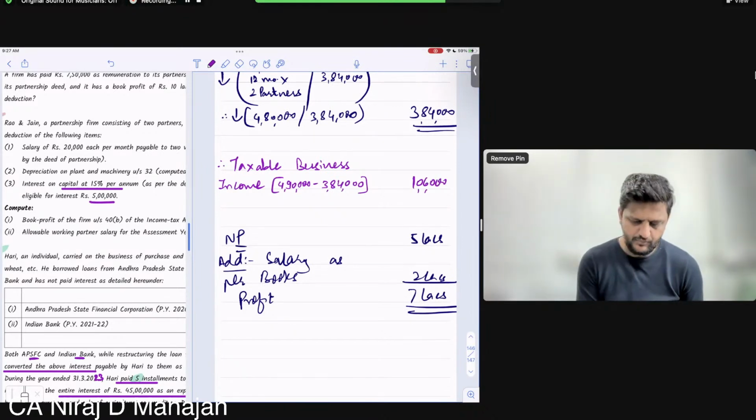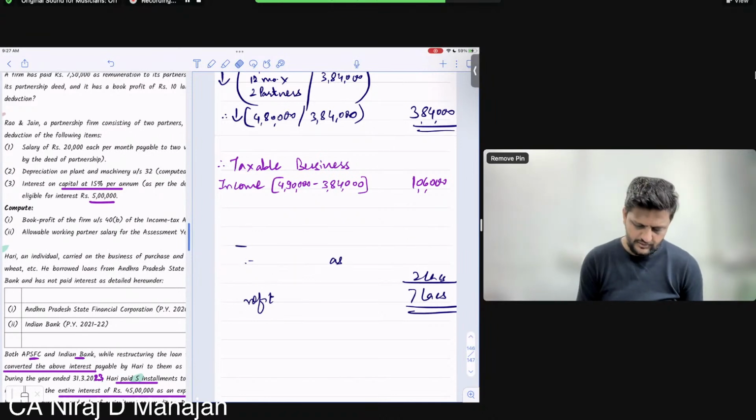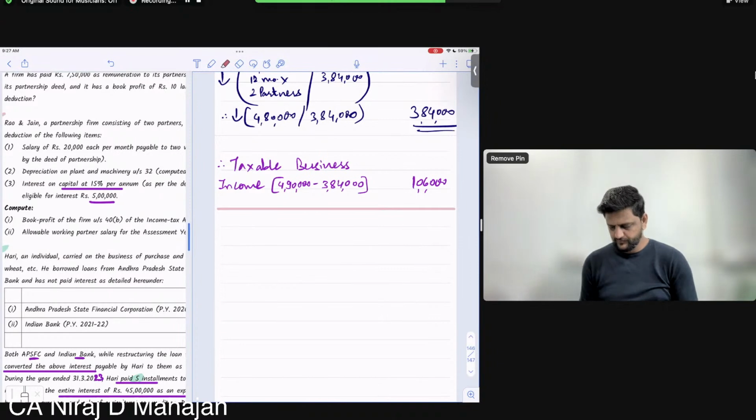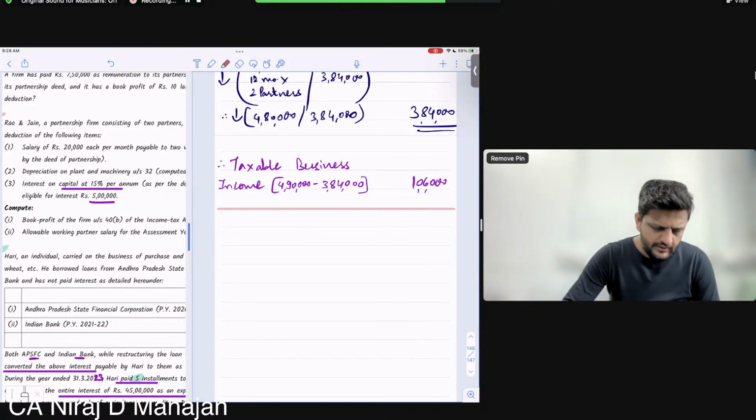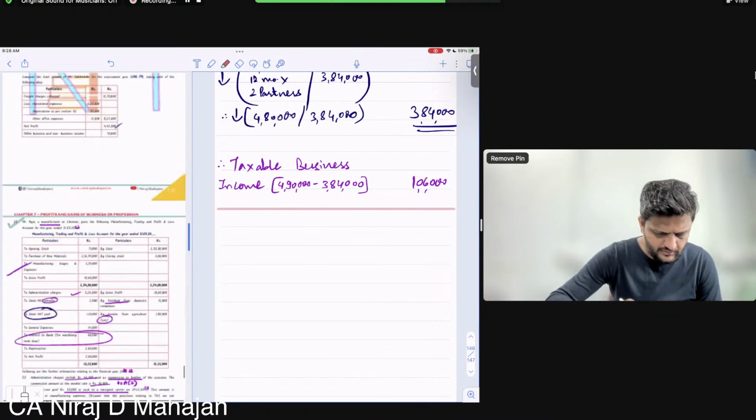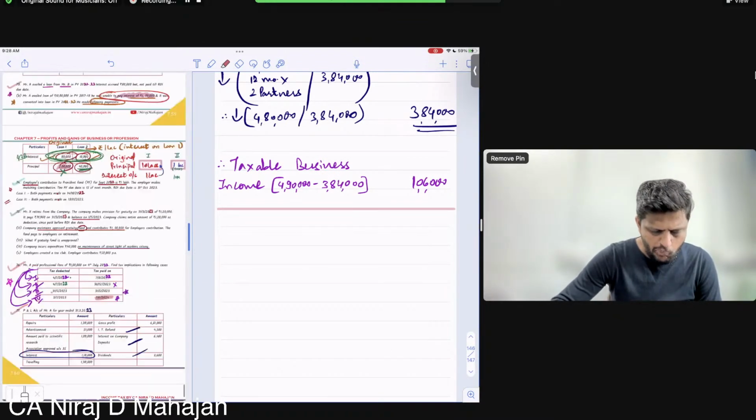That's my taxable profit of the firm. है ना? Find it, all of you. One was covered, I think 81 we have done. Okay, understood, clear all of you?